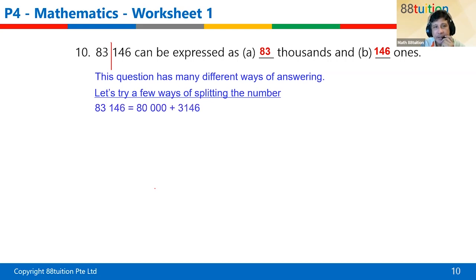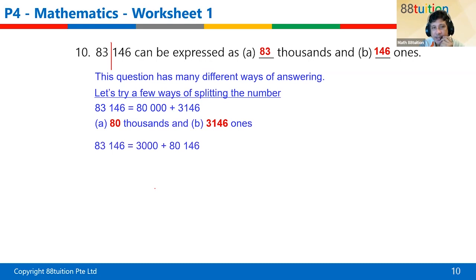For example, 83,146 can be split into these 2 numbers, 80,000 plus 3,146. Now, if I split it this way, then my answer for part A, the thousands part, will be 80. So 80 thousands. Then my ones part for B will be 3,146. You get it? Okay. So same thing, my 83,146, I can split it into another 2 different combinations.